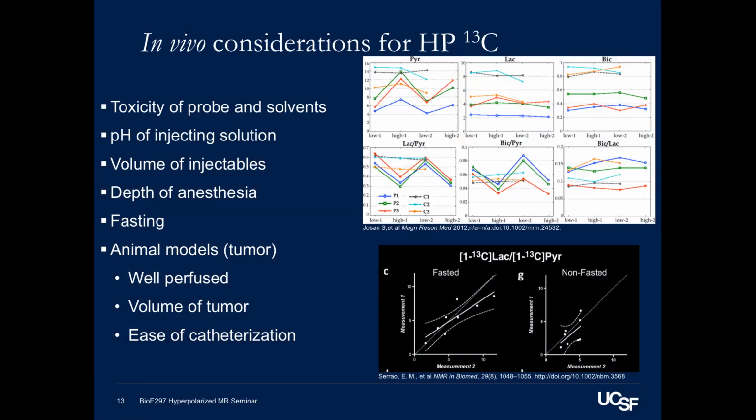Another big thing is the pH of the injection. This needs to be very close to 7. I think for the human situation, we allow anywhere from 6 to 6.5 to 8, which is a really large margin.